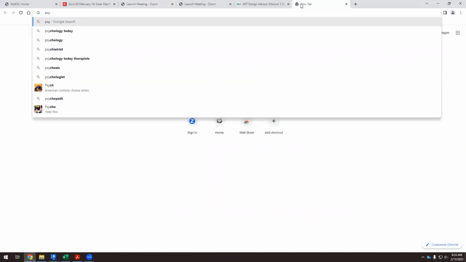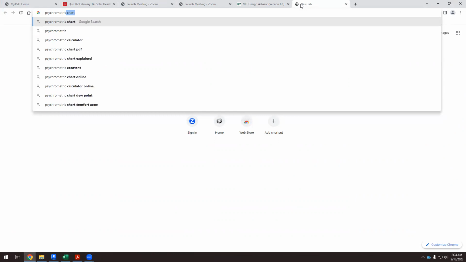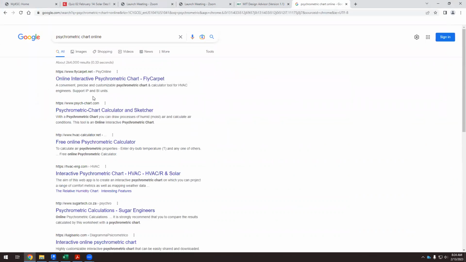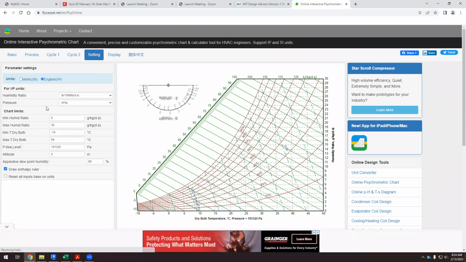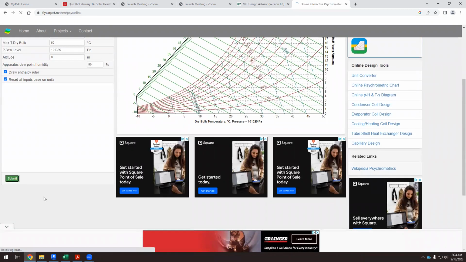A long time ago, like 2 months ago, we used this psychrometric chart online. Remember that here we have to set English units, reset inputs, and then click submit.